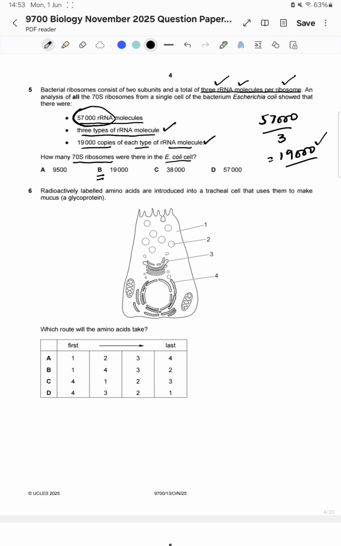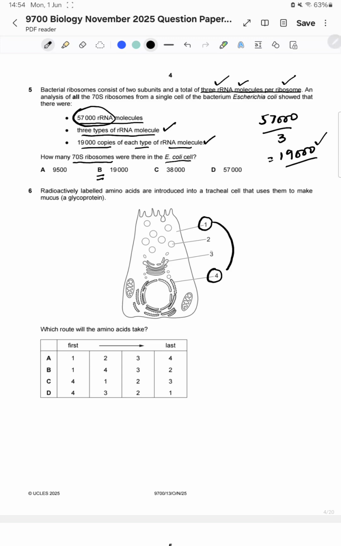So the very first place where amino acid should reach in a cell is 1. What is 1? It's cytoplasm. So when a cell absorbs amino acid through diffusion or active transport, it directly comes into the cytoplasm. So 1, then followed by it goes into ribosome during the process of translation, that is protein synthesis, right? So amino acid join together to form a polypeptide chain. So that is the second step.